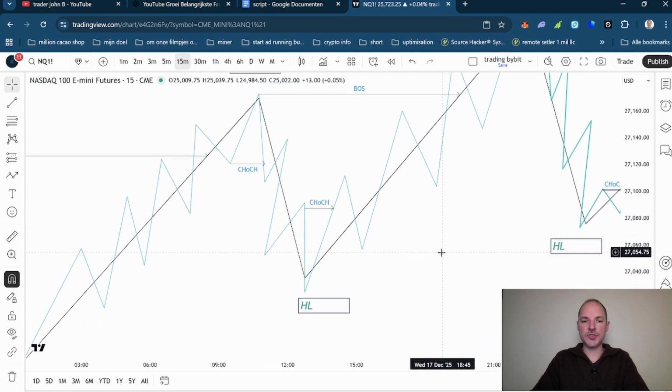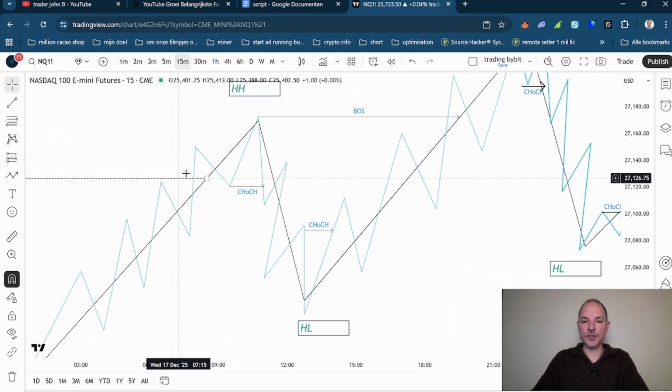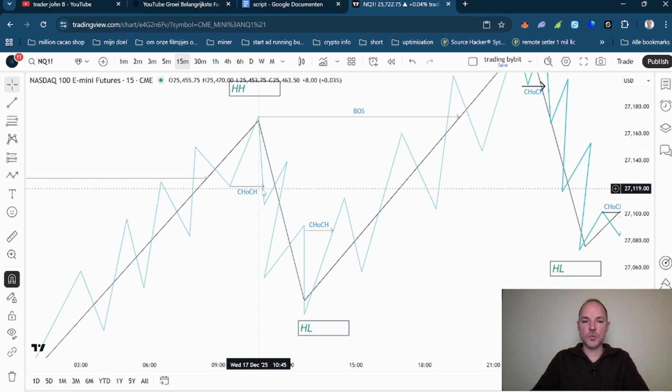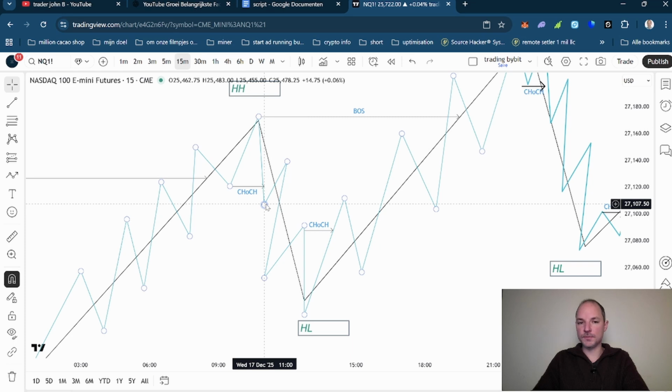We have a change in character internally once we make a new lower high in an internal movement. So once we broke this low right here, we made a new lower low. At that point, we made a lower high, a lower low again, and so on.